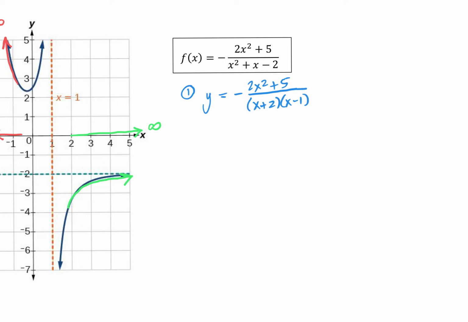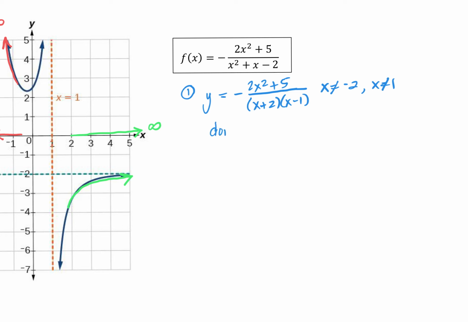So I've factored it, and why I wanted to factor it is because it's easier for me to see what the domain is. Remember, you're looking at the restrictions, what makes the denominator equal to 0. So if x is equal to -2, or x is equal to 1, the denominator will be 0. So x cannot be -2, x cannot be 1.